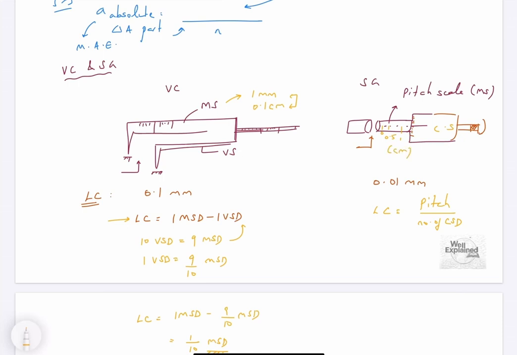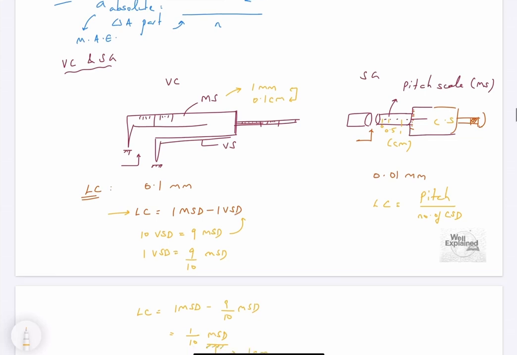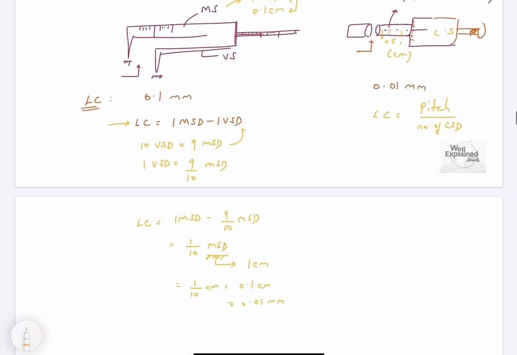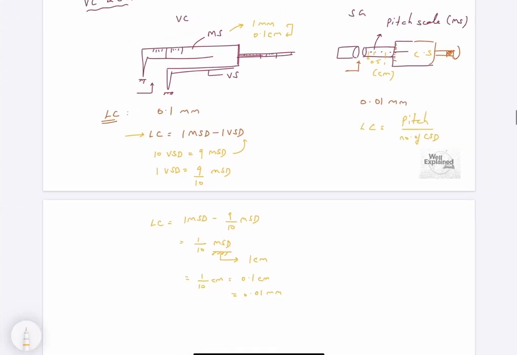And these are just divisions, just for how much this ratchet turns. And so this is everything about screw gauge and vernier caliper, right? So this is the complete chapter of vernier caliper and screw gauge.